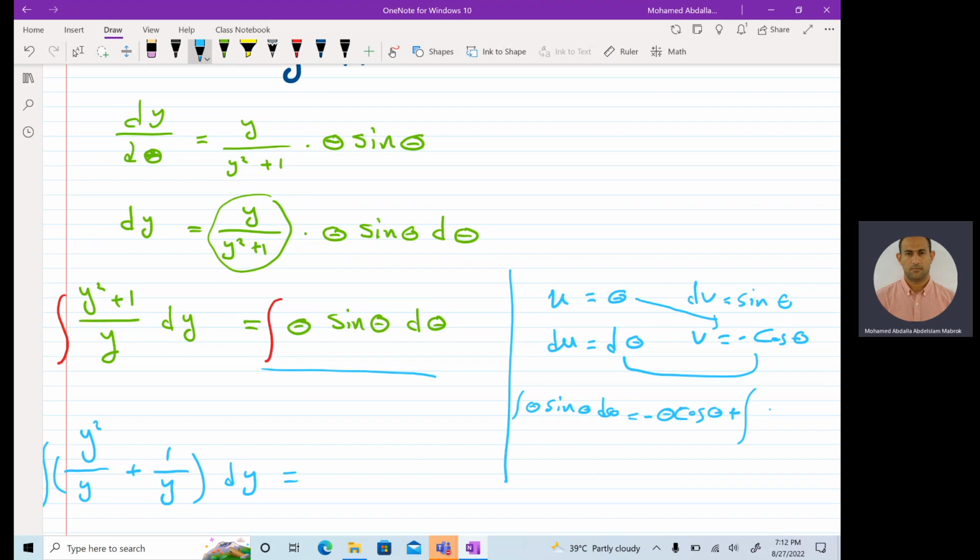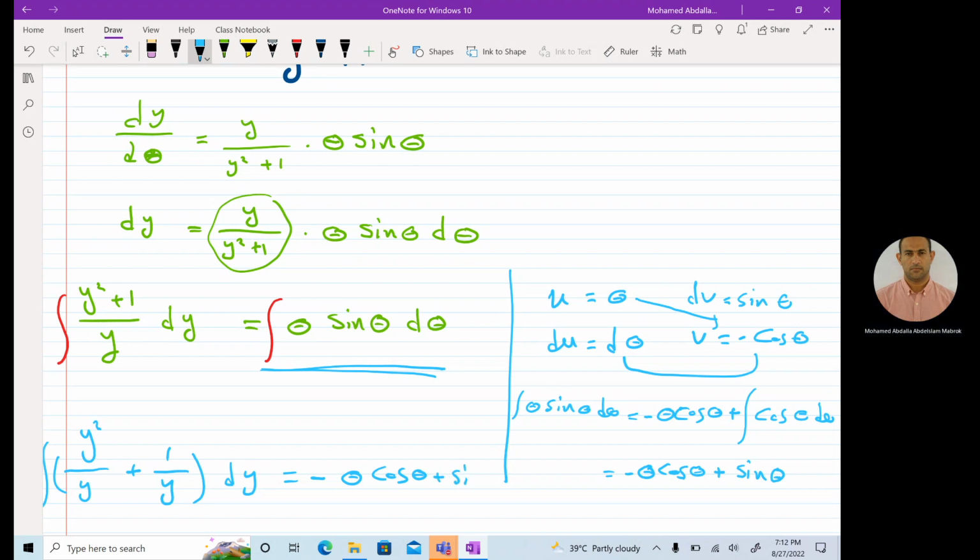So it will be plus cosine theta d theta, equal to minus theta cosine theta plus integrating cosine theta. So it's minus theta cosine theta plus sine theta plus a constant.